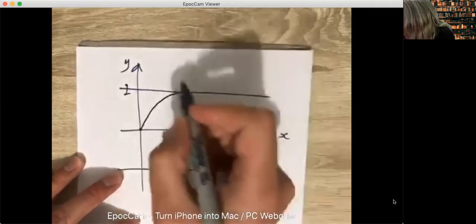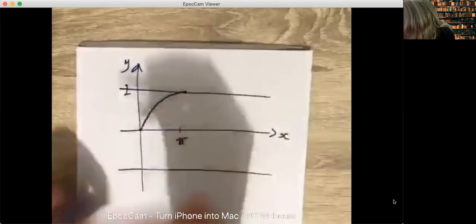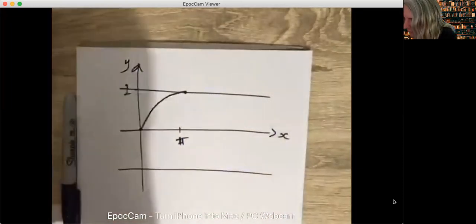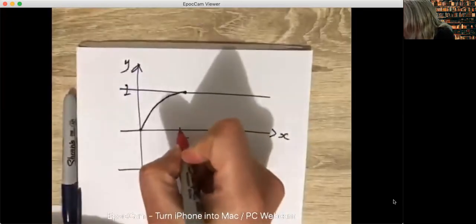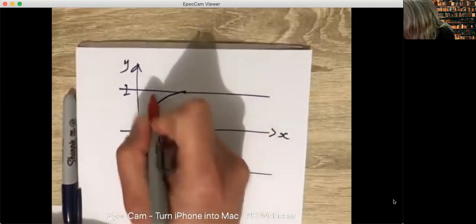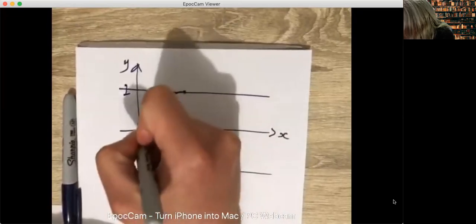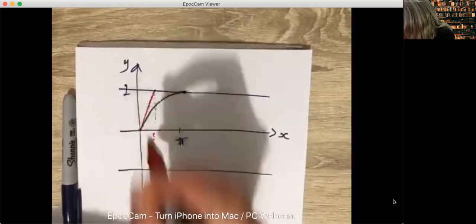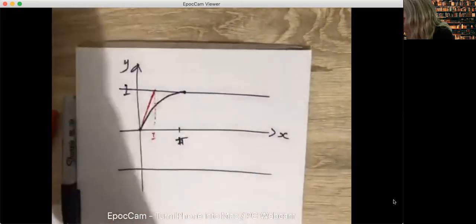Right. And obviously it continues on. But the important thing is that if you draw a straight line, so remember pi is 3.1, so about a third of that. So if we go at 1 there and go up to here, and you draw a straight line there, you can see that they start very similar.